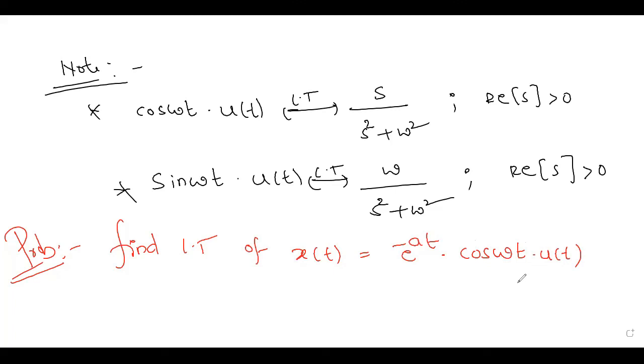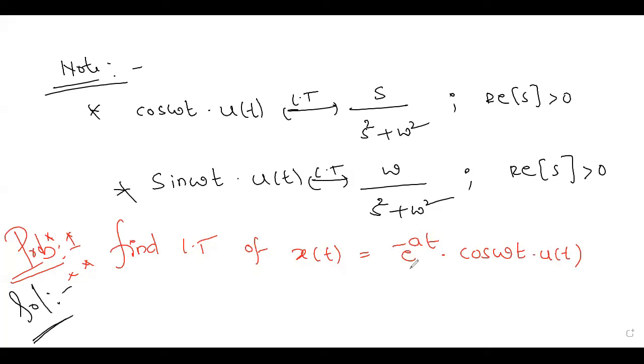E power minus at into x of t. E power minus at into cos omega t into u of t is there. Important, this problem is also repeated. These problems are applications of properties.